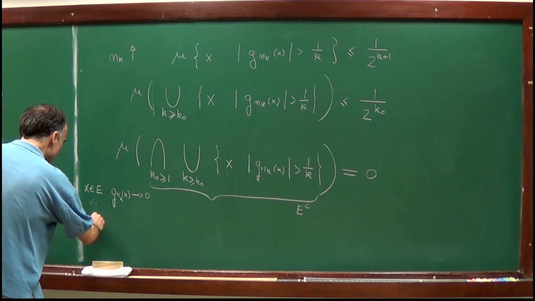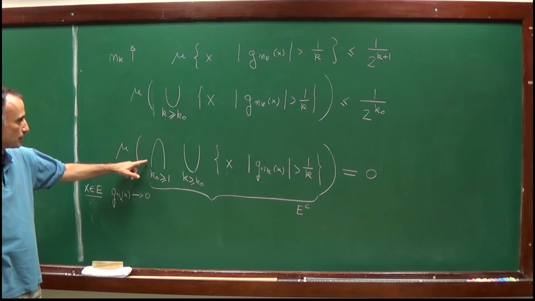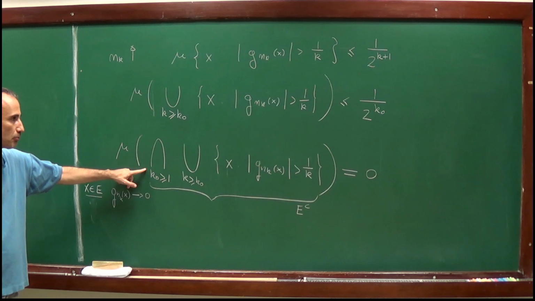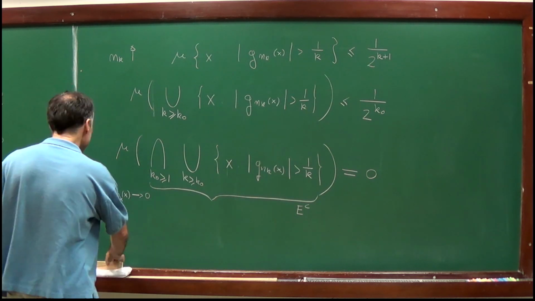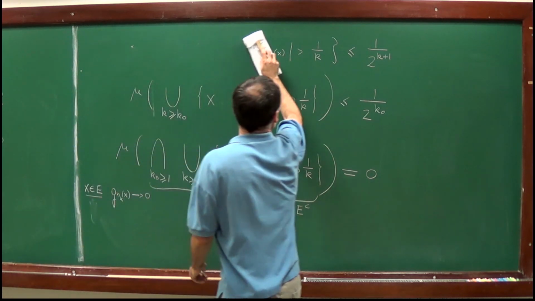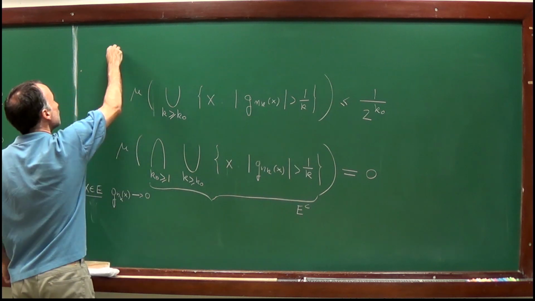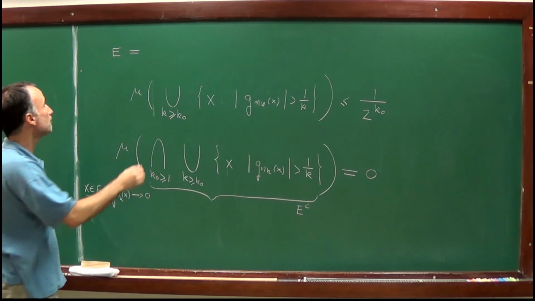So let's take a point x in E. Before continuing, I have to write what is the complement of this set. So let's write here on the first line what is the set E. So the set E is the complement of this set.